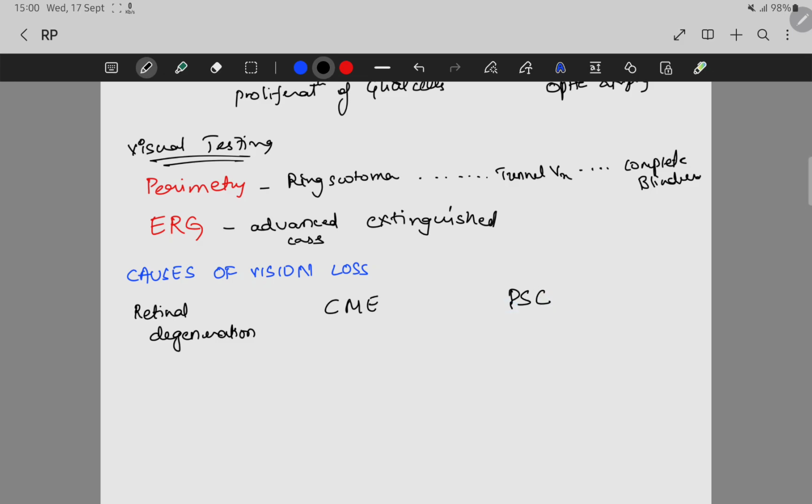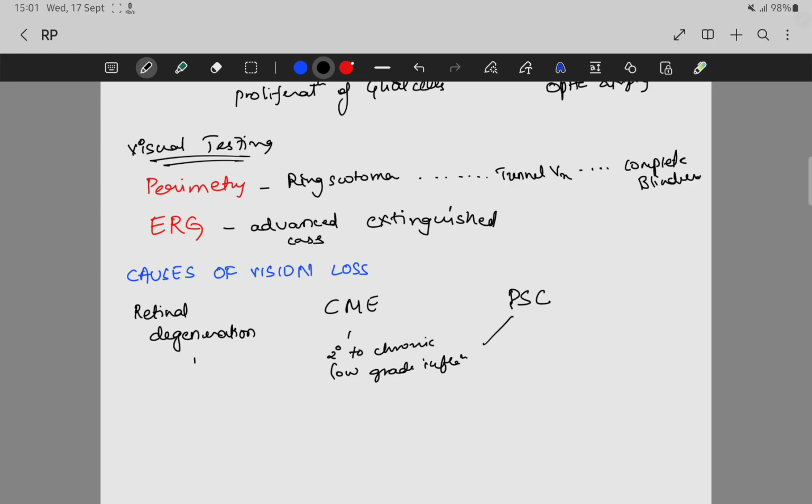The retinal degeneration, we all know, is due to loss of photoreceptor cells, which leads to reduced visual acuity. Then there is cystoid macular edema, which is secondary to chronic low-grade inflammation. And posterior subcapsular cataract is also due to chronic low-grade inflammation.